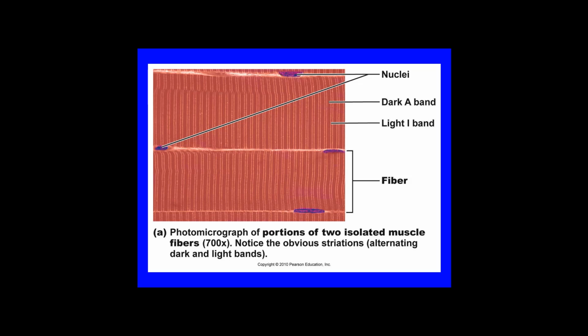Syncytium means fused cell. So in other words, the cell may undergo repeated mitosis and you have multiple nuclei there, but that doesn't interfere with the function of the cell. The cell is just not going to divide. It expands and continues and builds up more and more of the contractile elements.